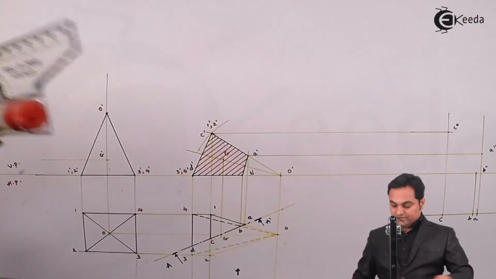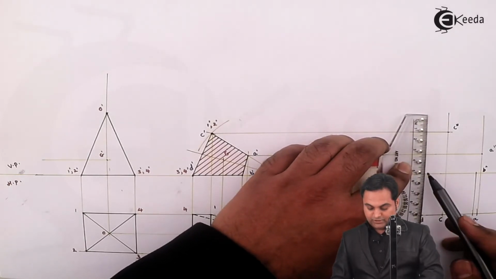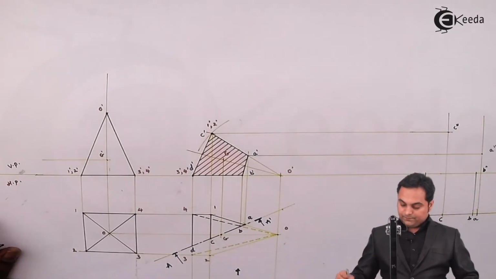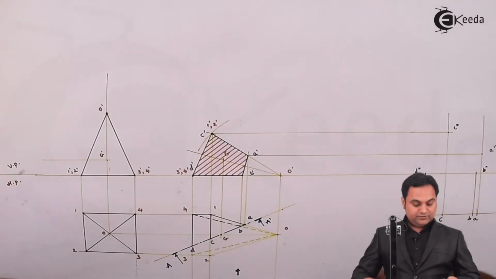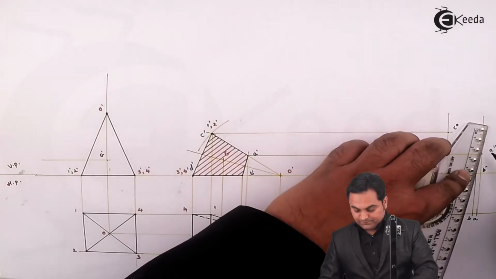At last D dash, for that point D will be projected up, where D and D dash intersect, that will give me the point D double dash. Joining these points in sequence will give me the true shape of the section.